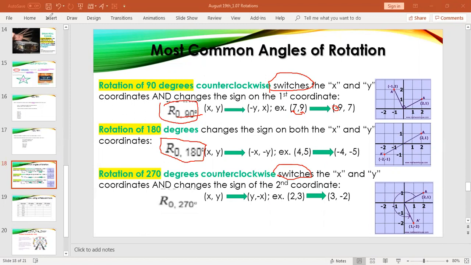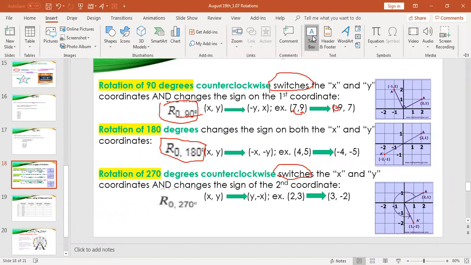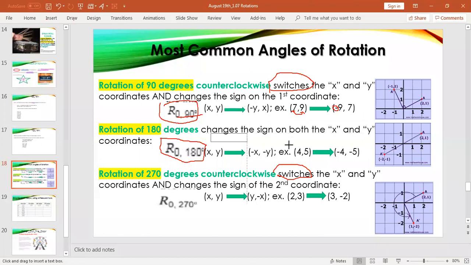So for 180, all you have to do is multiply the X and Y coordinates by -1.